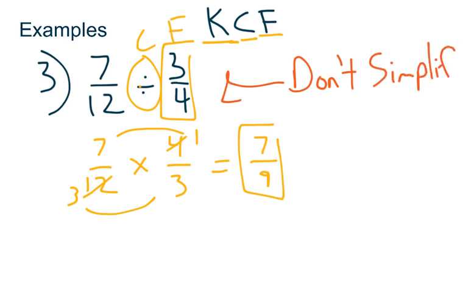Don't simplify yet. You're going to see the 3 and the 12 and be tempted to reduce. Don't do that, because when you flip it, you're going to be able to reduce with something else. 12 and 3 are now horizontal, and you cannot reduce horizontally. You can only reduce diagonally or vertically.